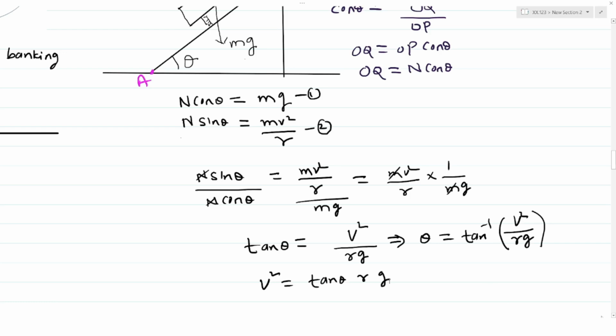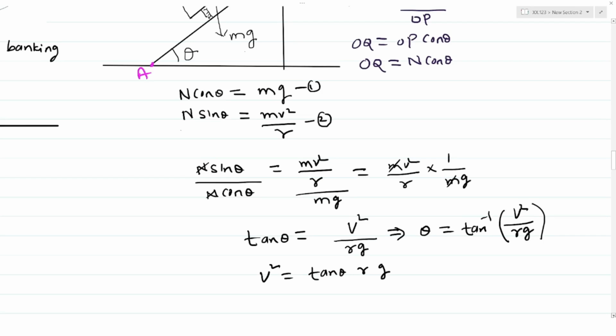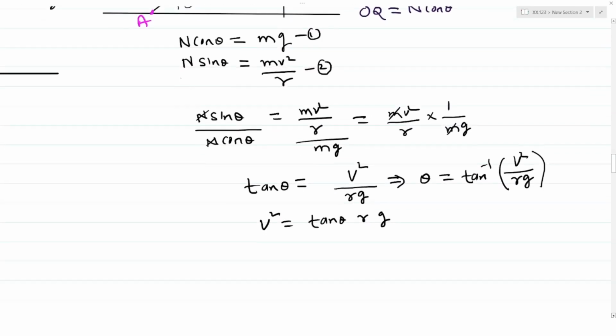Therefore V equals under root of RG tan theta. This is the maximum safe speed for the vehicle on the road.